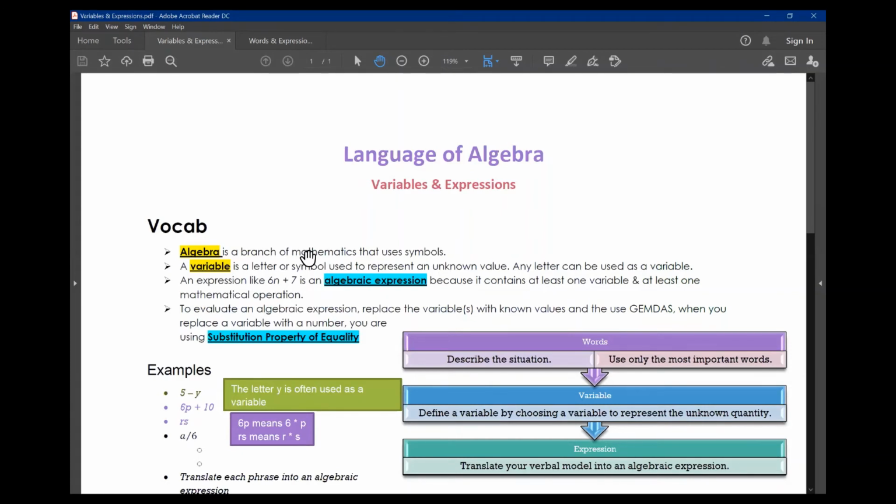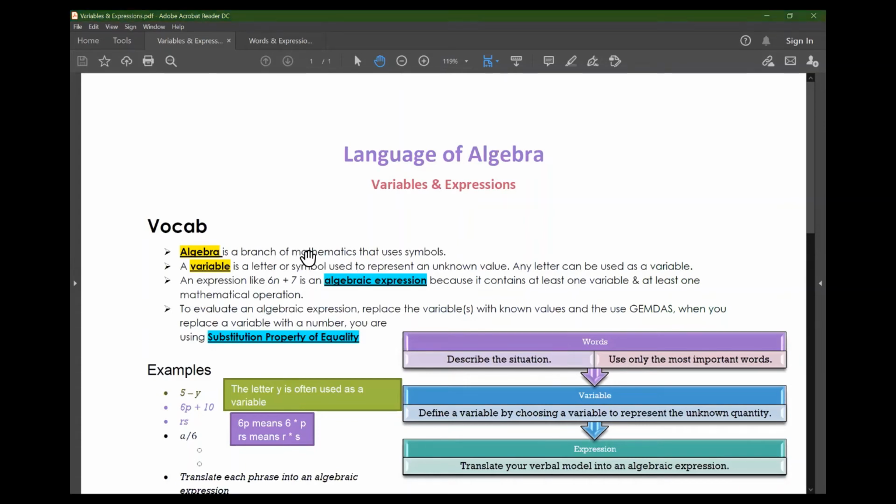So here are the vocab words. I'm going to let you take a minute or two to write this down. Algebra is a branch of mathematics that uses symbols. And trust me, you will use algebra pretty much through high school.